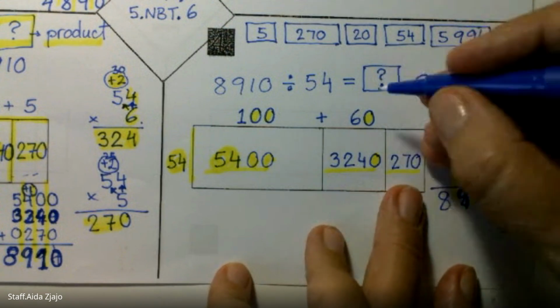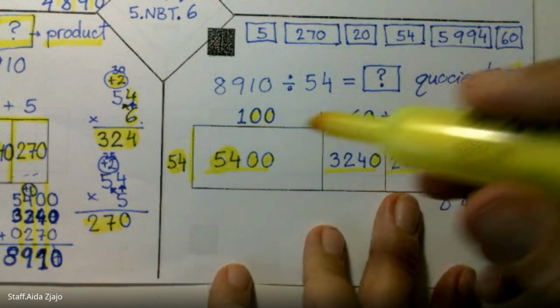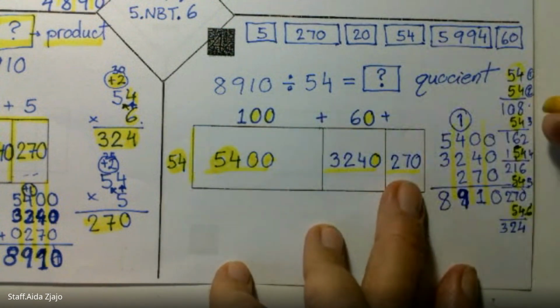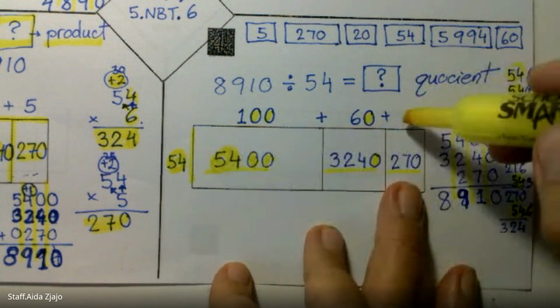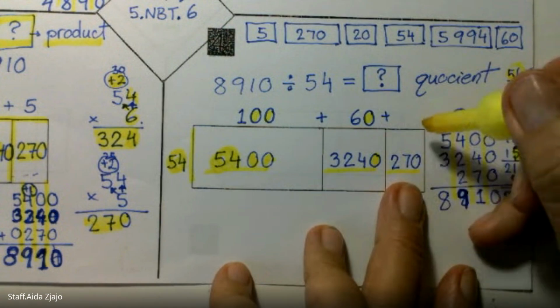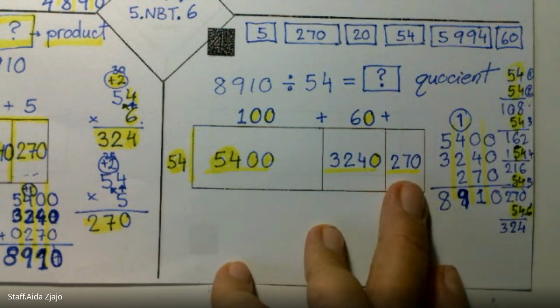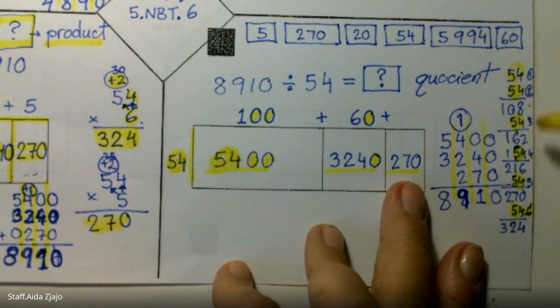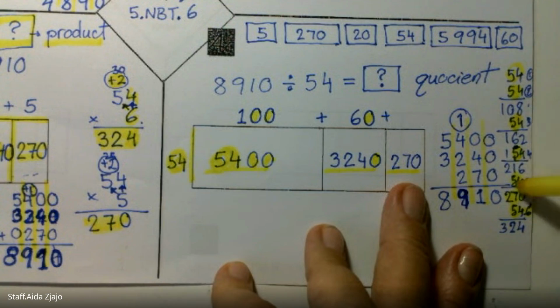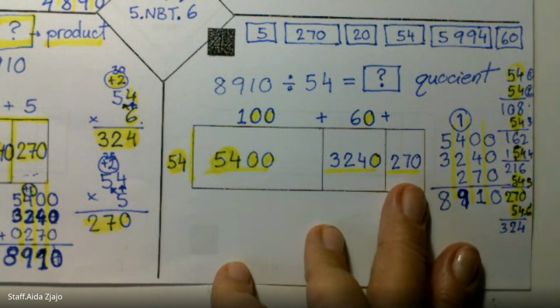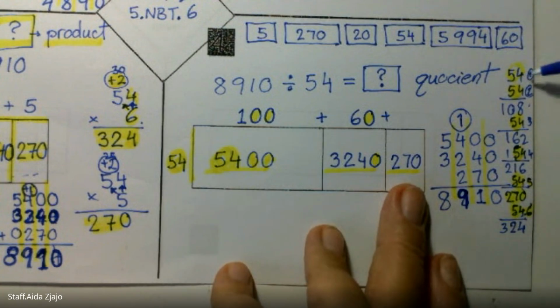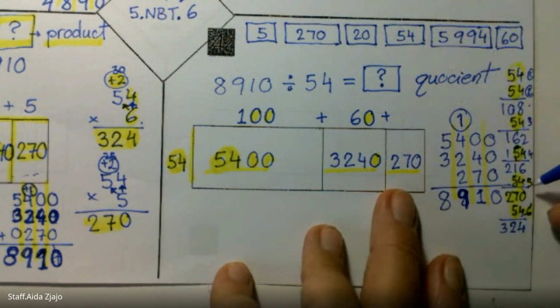And now the last but not least, you can think, okay, 54, what times makes 27? It's 54 times what makes 27? Doesn't make sense. So how many 54s are in 270? When you do this, you can easily figure it out, because here is the 270, and that means there is a 5, 5 times 54 is 270. So when you have this whole number addition solution, you can easily find this is 5.